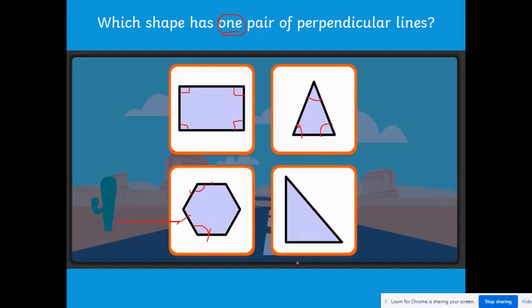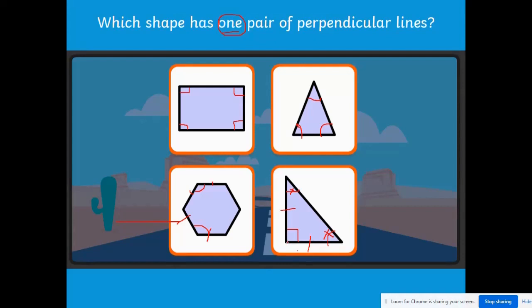Okay, what about this shape? Let's look for a right angle. Is this a right angle? Nope. Is this a right angle? No. Is this a right angle? Is this a right angle? Yes. So this line and this line is making a right angle at the point they meet.